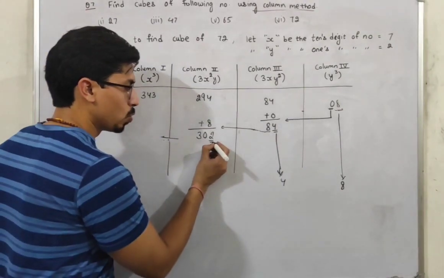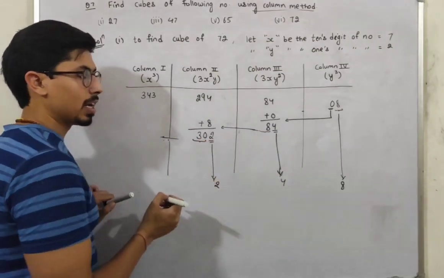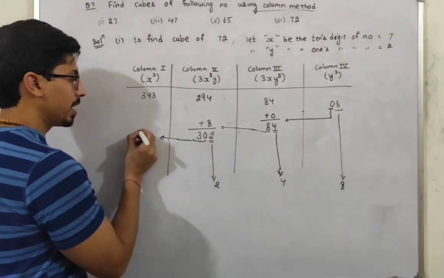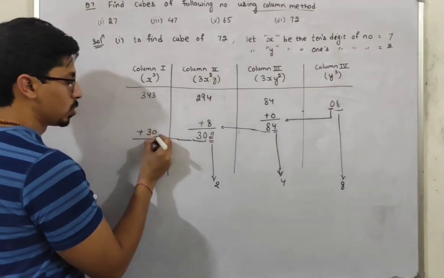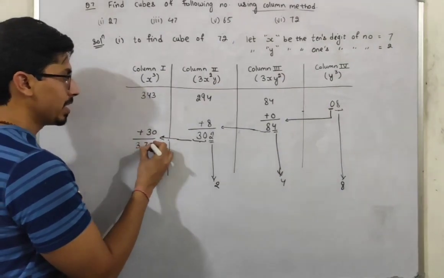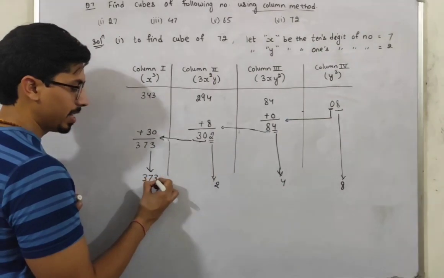So just take this 2 here and write it here. Now the remaining number is 30. So just put this 30 here in the next column and add them. So if I just add them, it will be 373 students. So it will be 373 here.